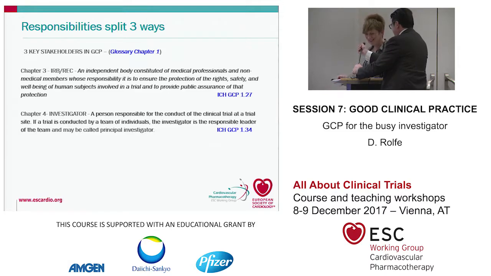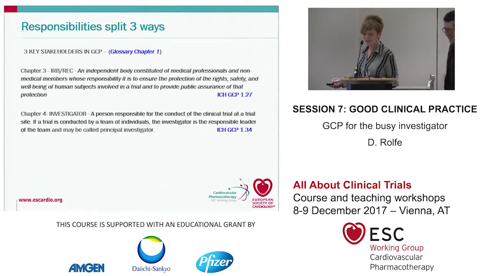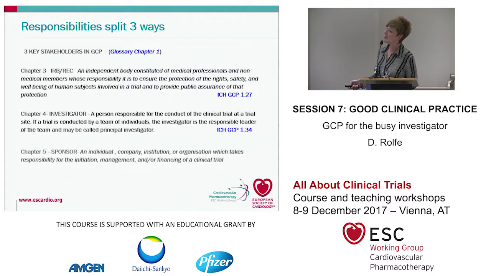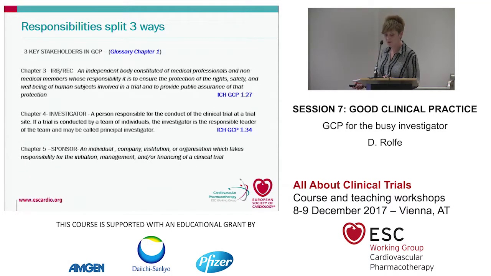So the investigator is the responsible leader of a team and may be called the principal investigator. Chapter 5 concerns the sponsor, who can be an individual, a company, an institution or an organisation which takes the responsibility for the initiation, management and or financing of a clinical trial.